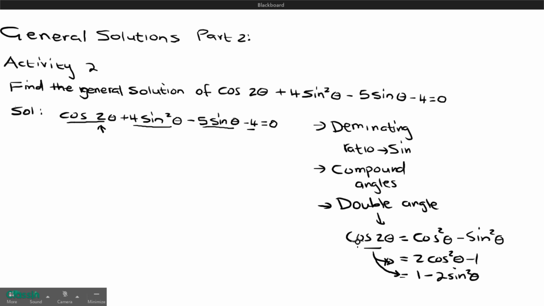So in place of cos 2 theta, we now write 1 minus 2 sine squared theta plus 4 sine squared theta minus 5 sine theta minus 4, all equal to 0.